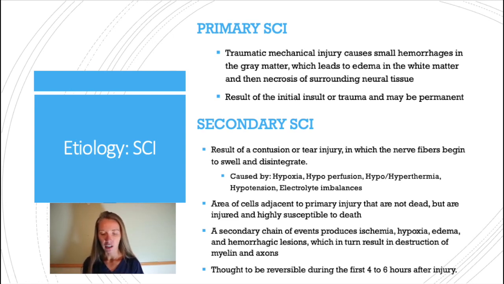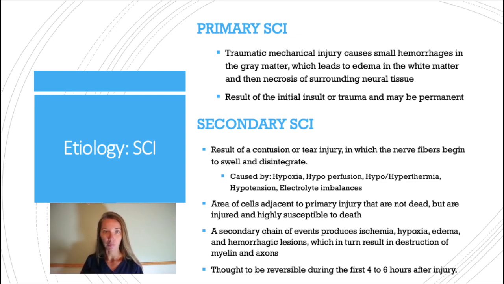This secondary chain of events produces ischemia, hypoxia, and edema, and maybe even hemorrhage, depending on how severe the edema is and how compressed those nerves and blood vessels are. And then we in turn have destruction of the axons and the myelin that surrounds those nerves. So basically the spinal nerves just disintegrate as a result of the severity of the spinal cord injury.